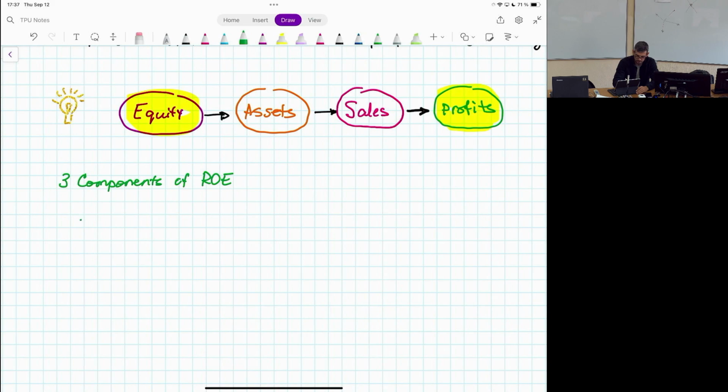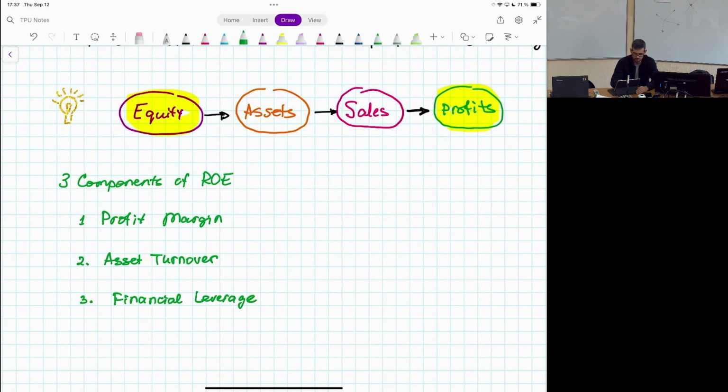The first one is profit margin. The second is called asset turnover. And the third one is called financial leverage. Okay, profit margin, asset turnover, and financial leverage.